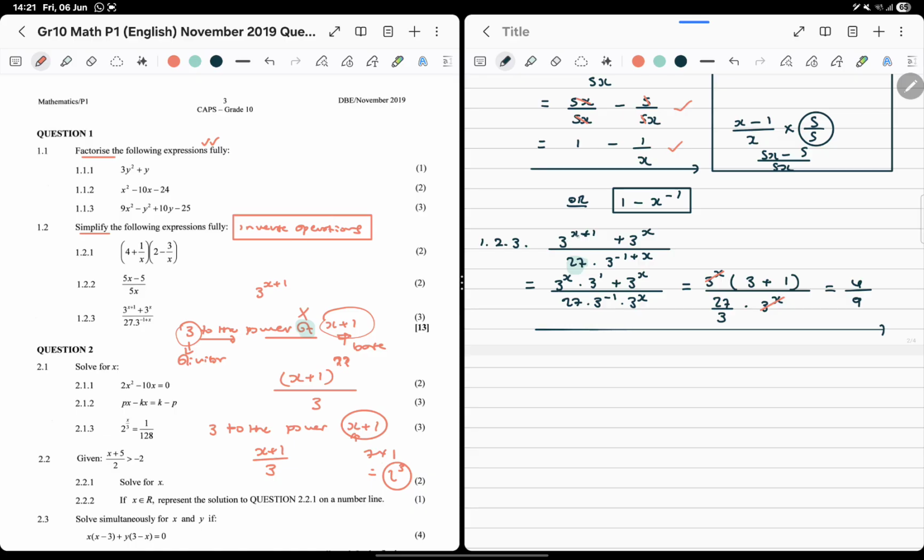Anyway, what we do, guys, we just choose a value for x. Choose one, just an easy one. Don't choose big numbers because the last thing you want is to evaluate infinity, which would give us a math error. So this is going to be 3 to the exponent 2 because if we say x is 1, that's going to be 2 plus 3 divided by 27 into essentially 3 to the exponent 0 because it's going to be minus 1 plus 1.